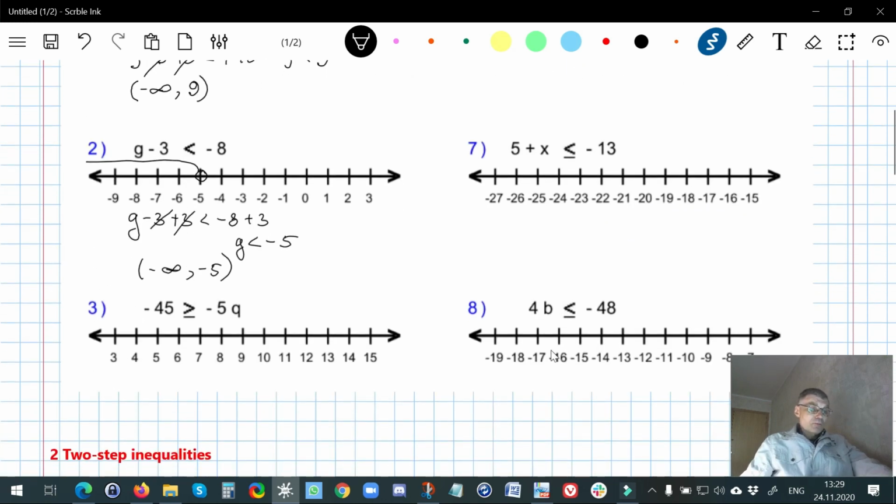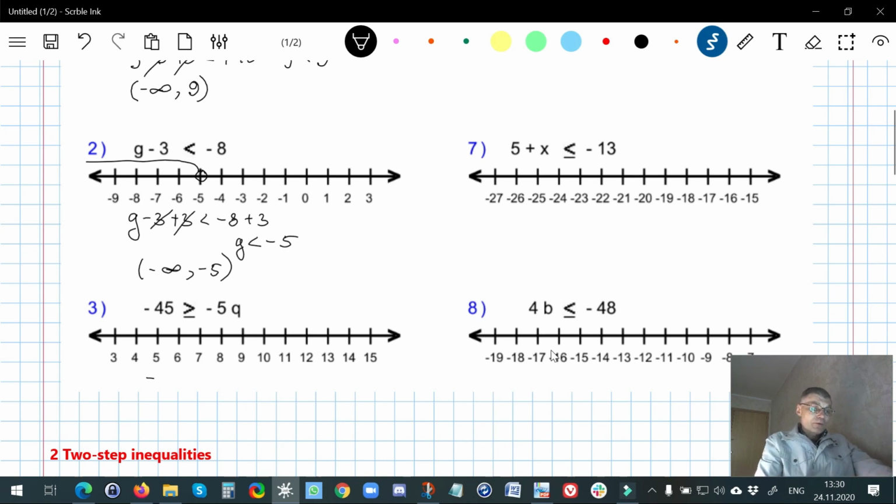Okay, number 3. Here we have the first problem. I have to isolate Q, and I see a coefficient and I see a negative coefficient. In this case, I remember when I isolate by dividing by negative 5, I have to change the sign, change the direction of my sign, flip the sign, whatever.